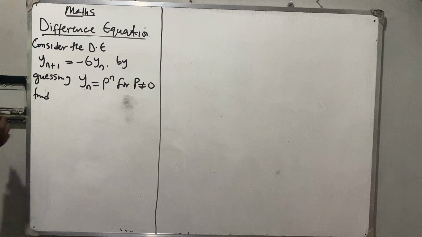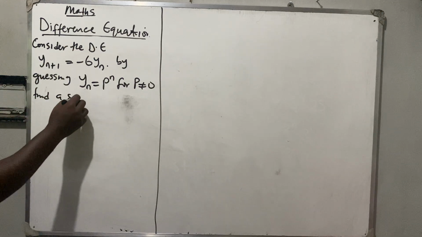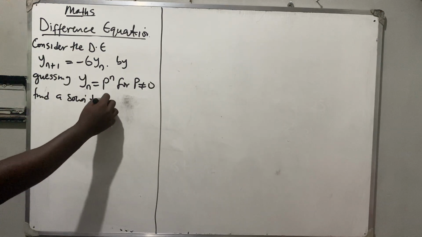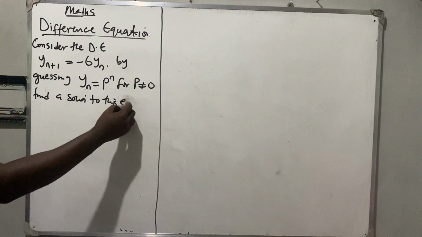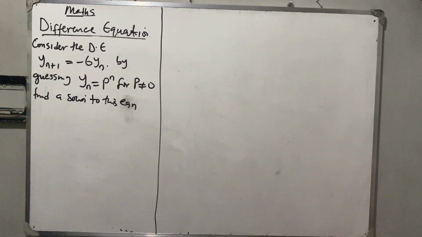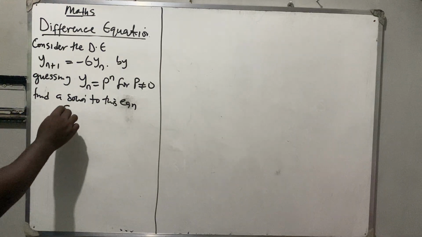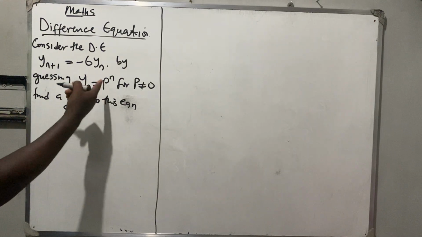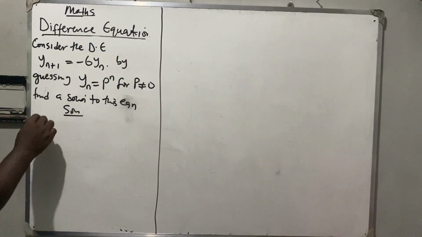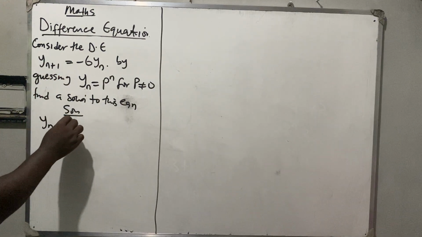Find a solution to this equation. So to find a solution to this equation is very simple. Now, they have given us by assumption, by guessing, that y_n is equal to p raised to power n.